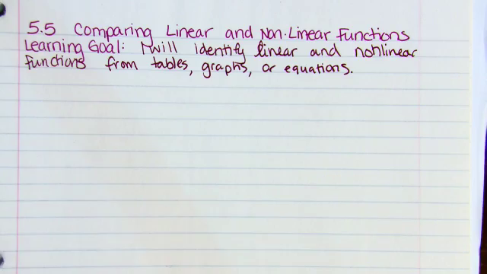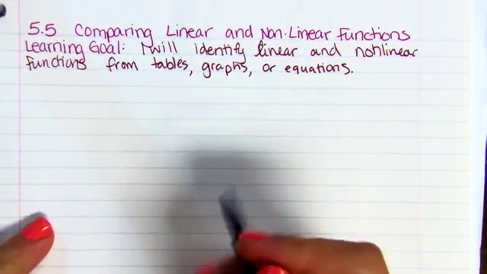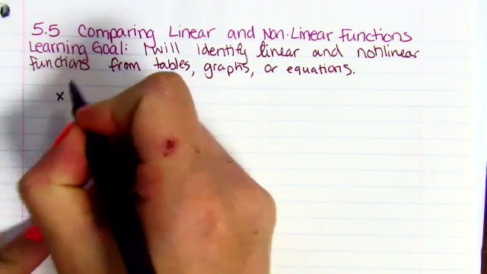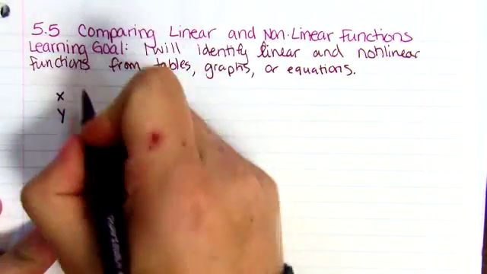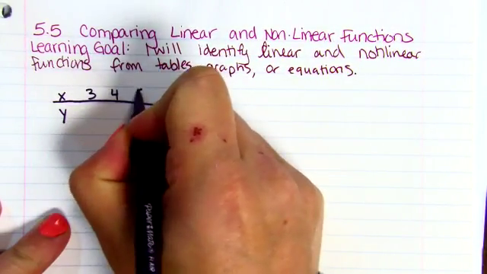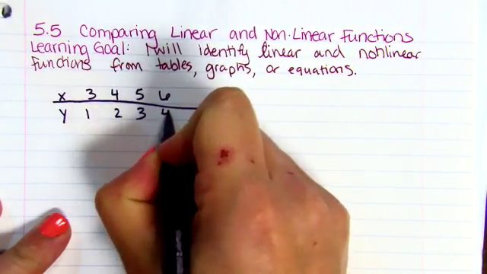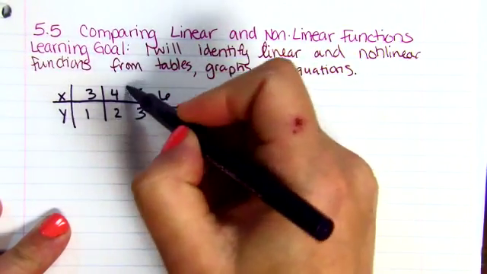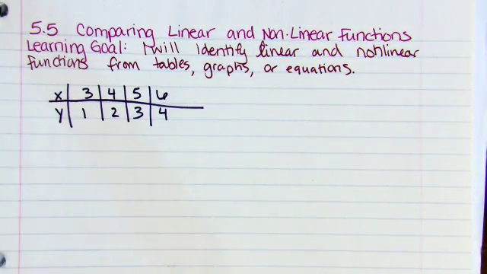So let's start off with looking at a table. If we have a table with our x and our y, or our f of x, let's just say it looked like this. What we're looking for in a linear function is a constant rate of change.